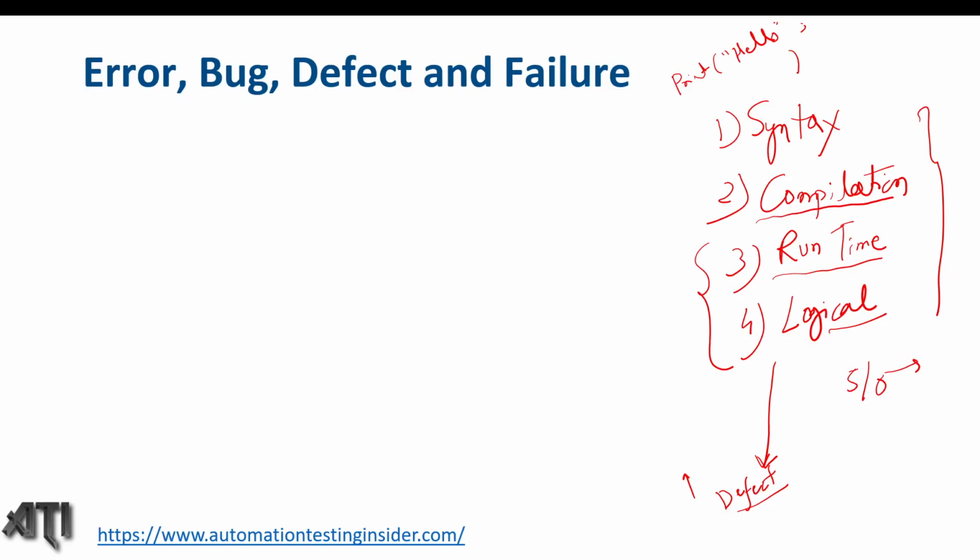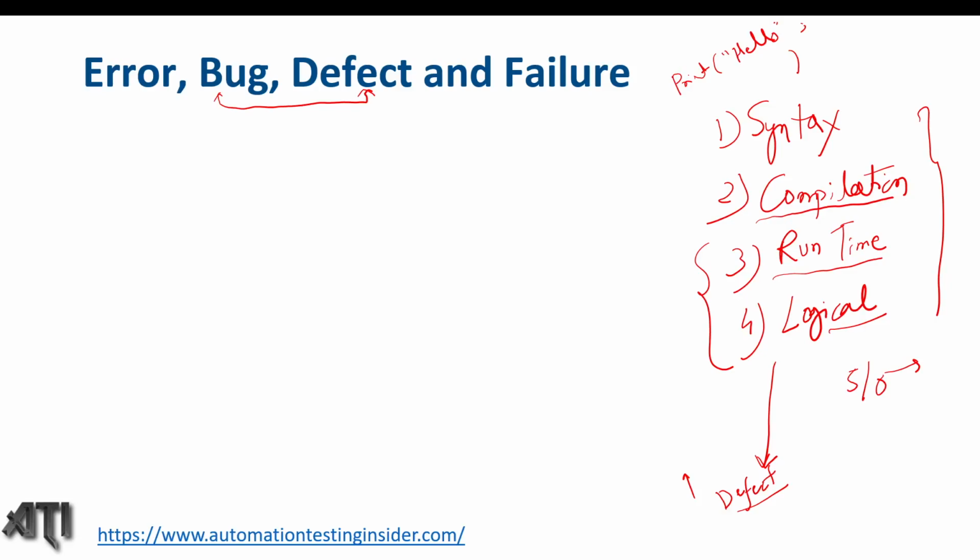If you talk about bug and defect, these two terms are used interchangeably in software testing, guys. Somewhere we use bug and somewhere we use defect. It depends on the company and the project, guys. In some tools we say bug, and in some tools we say defect as well. So these two terms are used interchangeably.